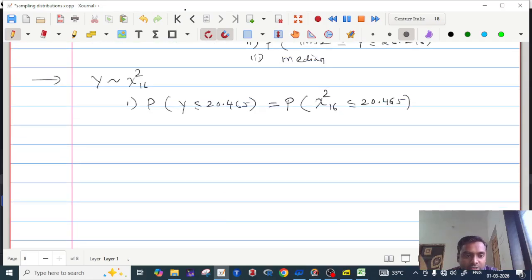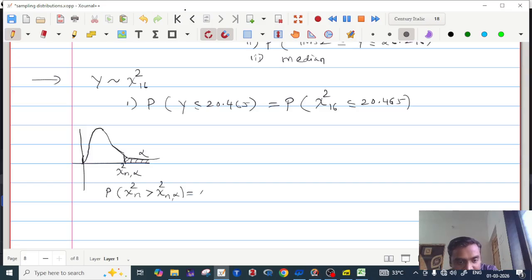And for the chi-square distribution, this probability is alpha, and this point is chi-square n comma alpha. The probability of chi-square n greater than chi-square n comma alpha is equal to alpha.